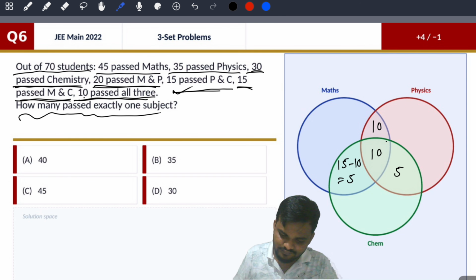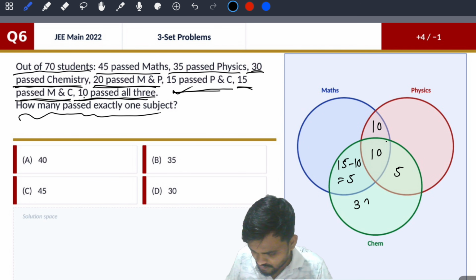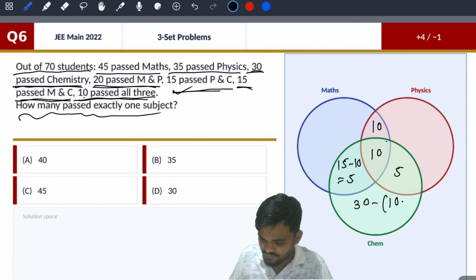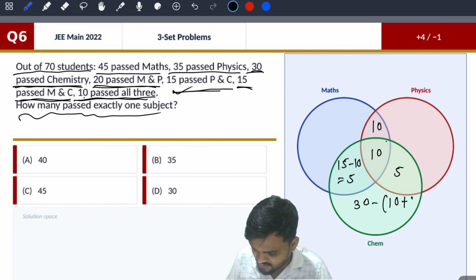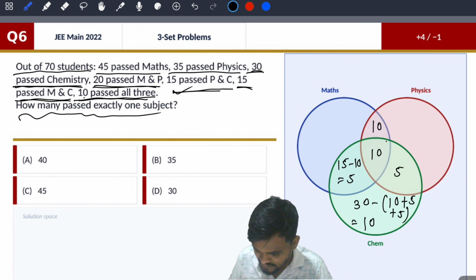That means how many students passed only chemistry? 30 minus 20, so this is only 10.